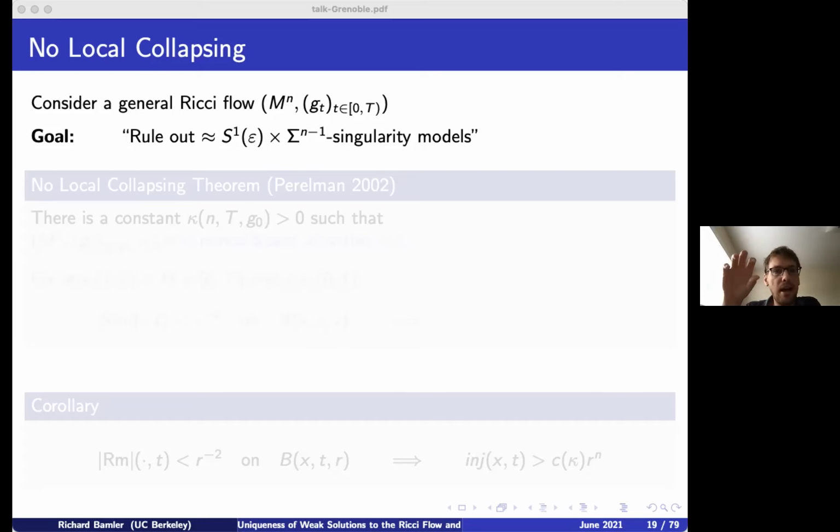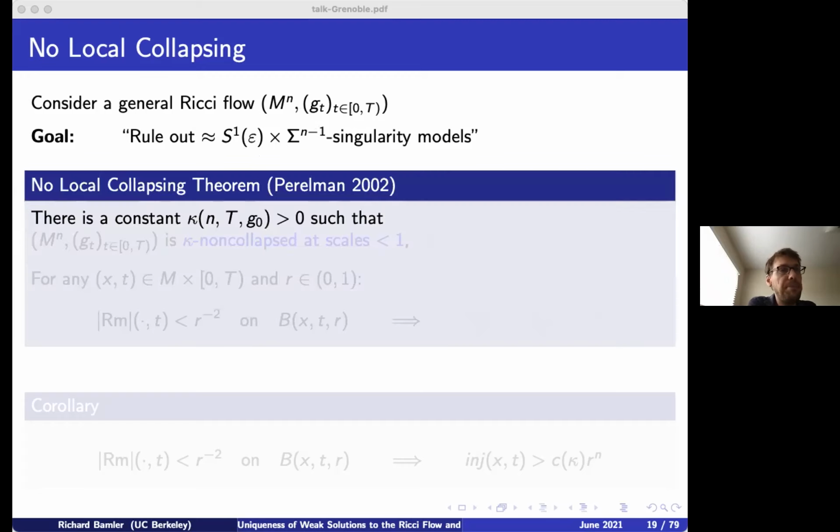Okay? But some of the worry was that there may be a singularity where an S1, like a circle, contracts over some surface which may not contract. Okay? And this is something that we want to rule out. And the idea of how this was ruled out was using this no local collapsing theorem.